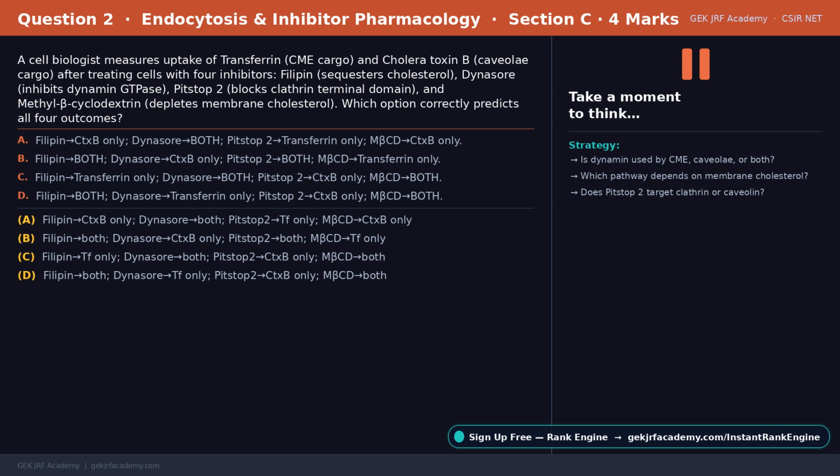Methyl-β-cyclodextrin blocks transferrin only. Option C. Filipin blocks transferrin only. Dynasore blocks both. Pitstop 2 blocks cholera toxin B only. Methyl-β-cyclodextrin blocks both. Option D. Filipin blocks both. Dynasore blocks transferrin only. Pitstop 2 blocks cholera toxin B only.